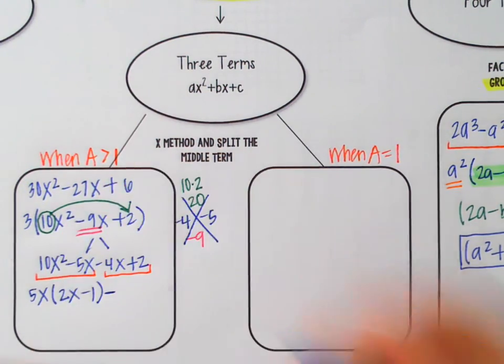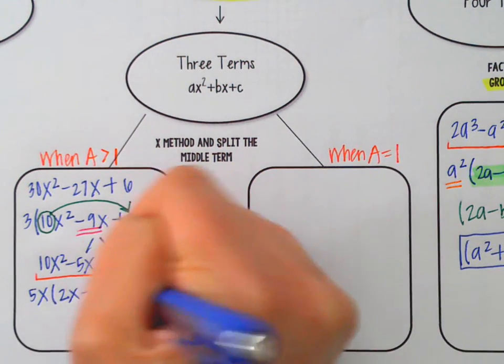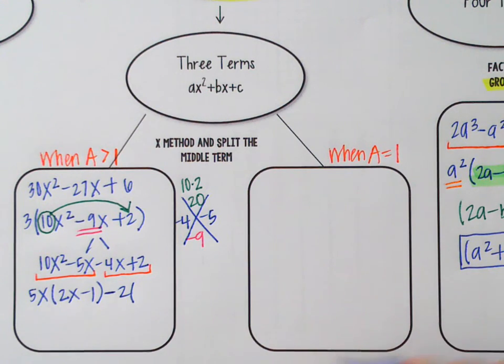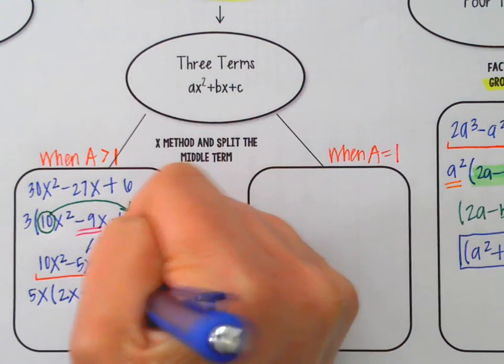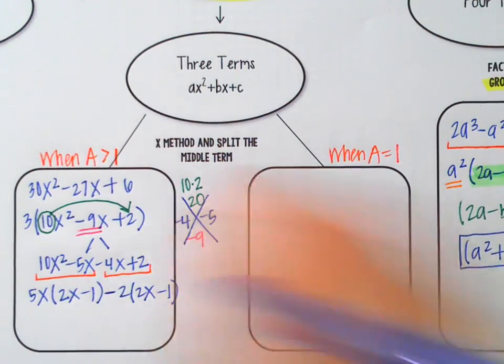I bring down my middle sign, so I have to bring down that negative, which means both of my signs in here are going to change. So I think, what divides evenly into 4x and 2? And that's 2. And so then I'd be left with negative 4x divided by negative 2 is positive 2x. And 2 divided by negative 2 is negative 1.